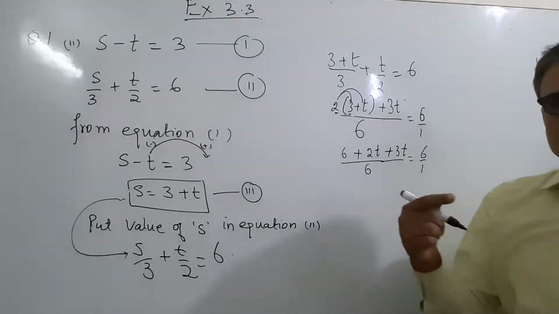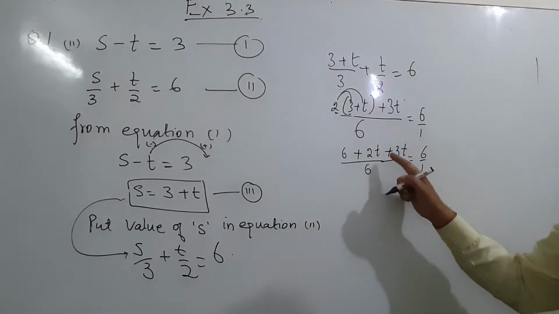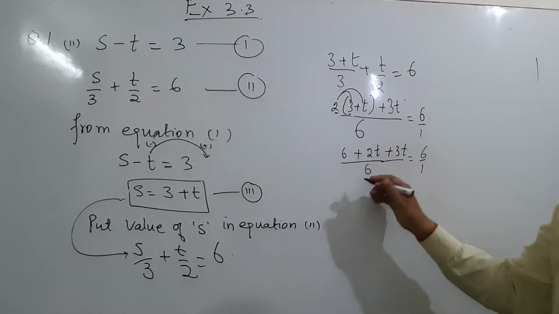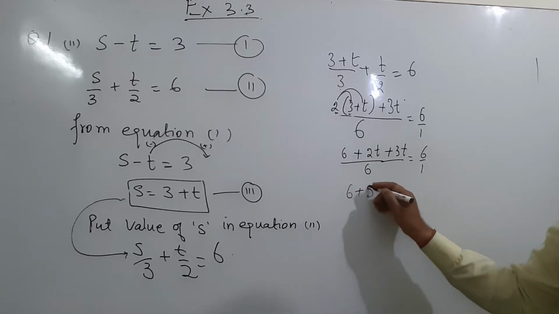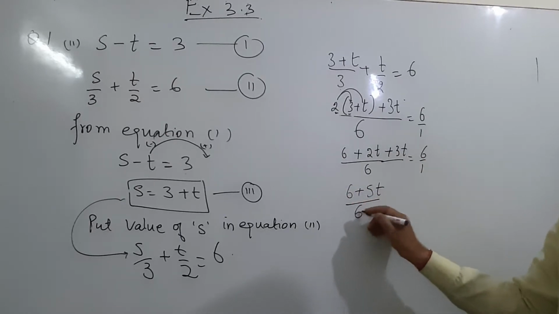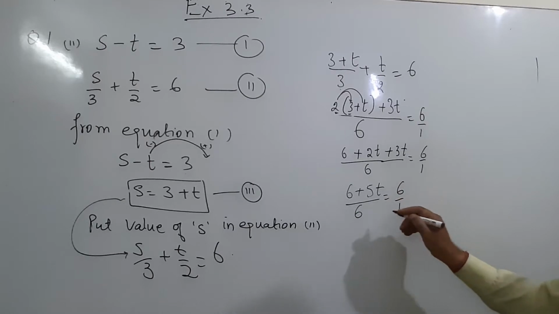Like terms we have to add: 3t plus 2t is equal to 5t. So 6 plus 5t upon 6 is equal to 6 upon 1.